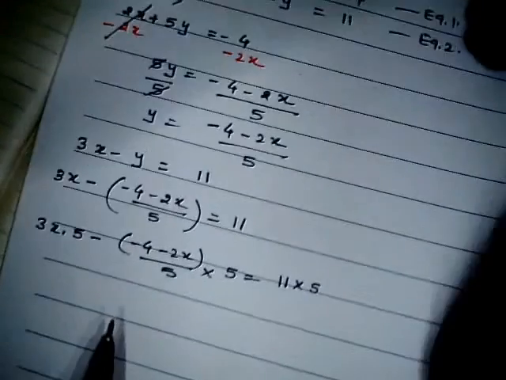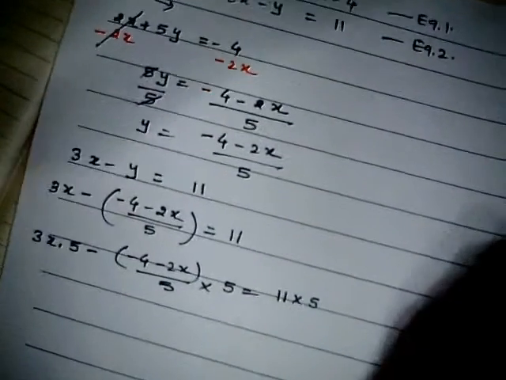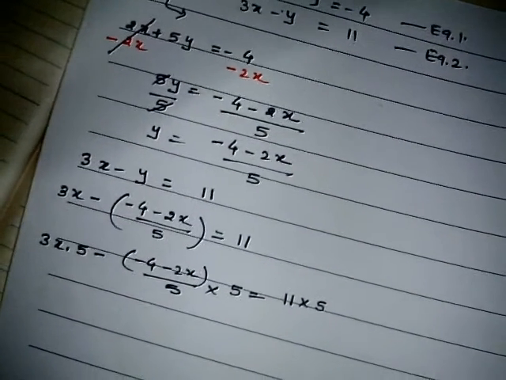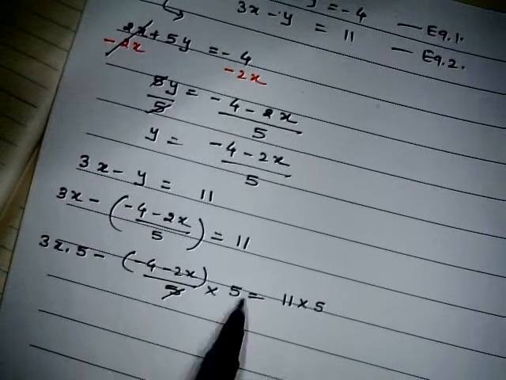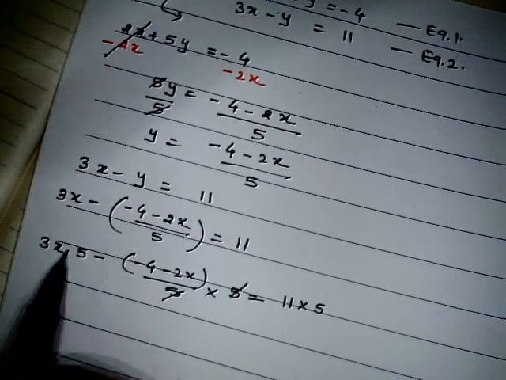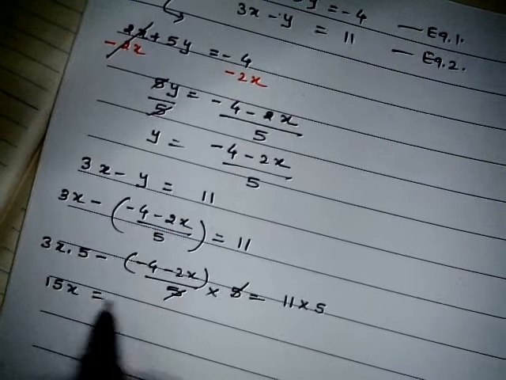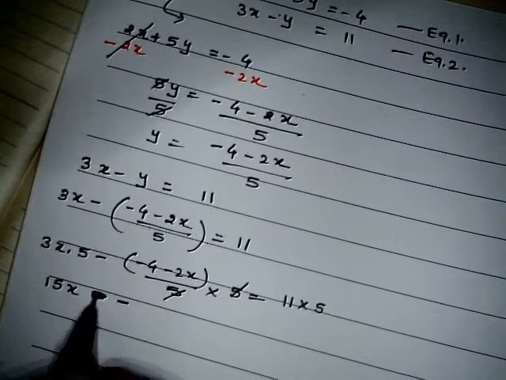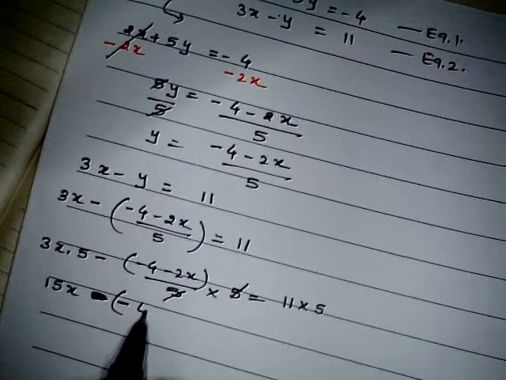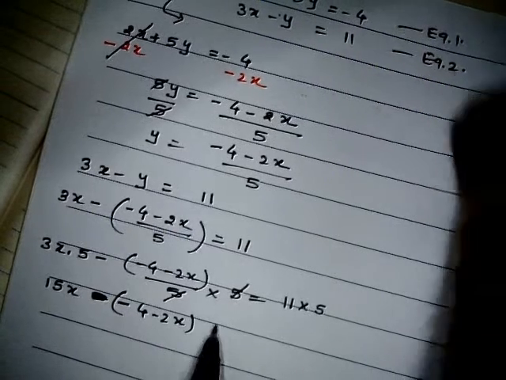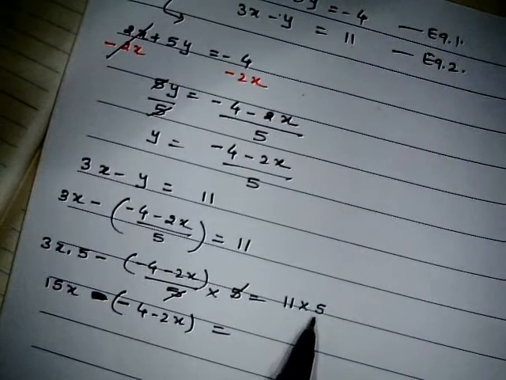I have multiplied by 5, and after the multiplication, you can see this 5 cancels out. Here this 5 and this 3 get multiplied, so 15x, and a negative sign, and inside the parenthesis negative 4 minus 2x, equals 11 times 5, which is 55. Now I am going to open this bracket.